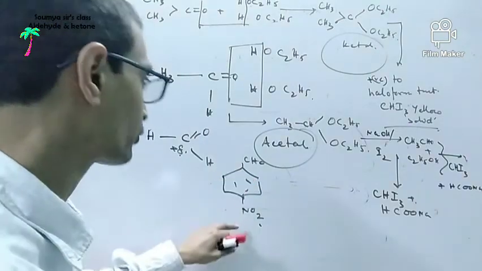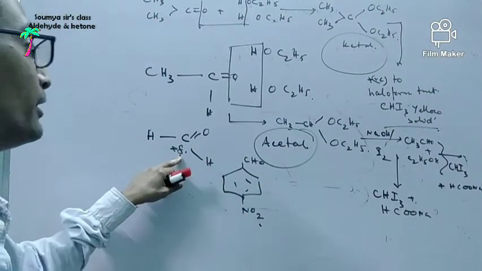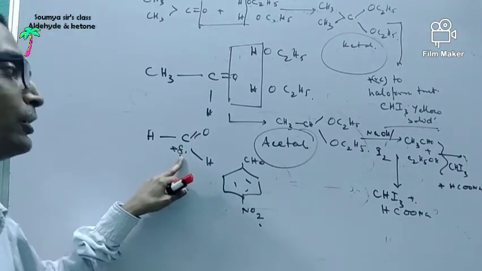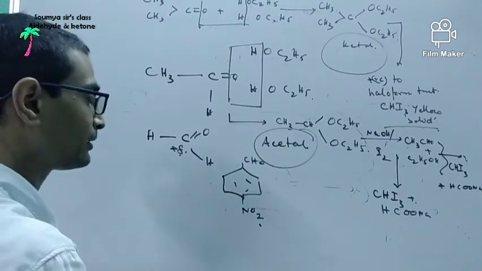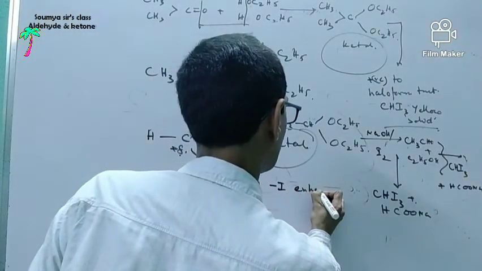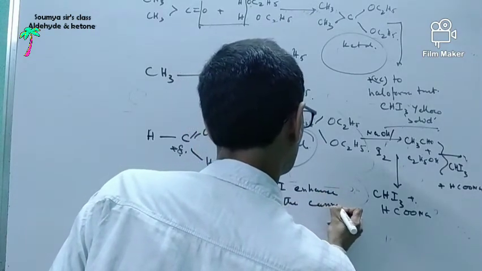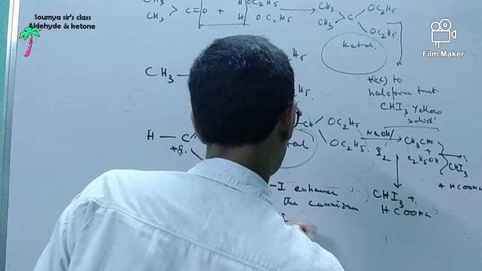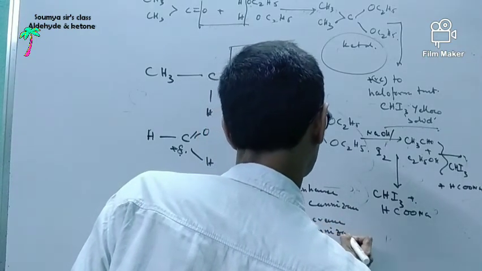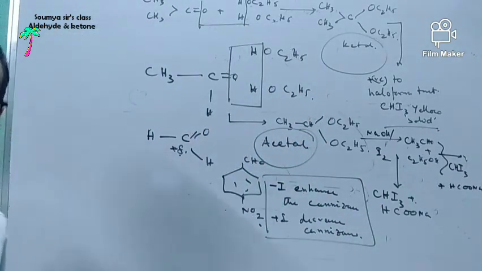It will pull the electron from the carbon, and the carbon has more positive delta, and therefore it reacts faster in Cannizzaro. So in the Cannizzaro reaction, minus I enhances the Cannizzaro, whereas plus I decreases Cannizzaro. This fact is very important for any comparative examination.